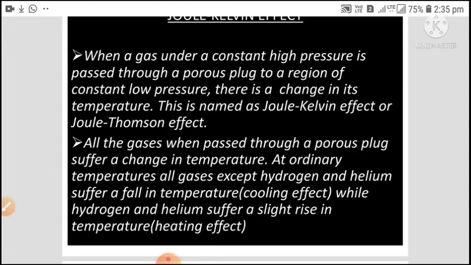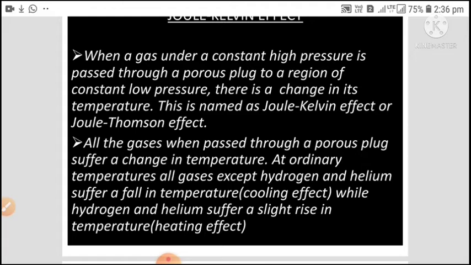So the next point is that all the gases, when passed through a porous plug, suffer a change in temperature. You have to concentrate on this point. Whatever gases we take, when they pass through the porous plug, they suffer a change in temperature.